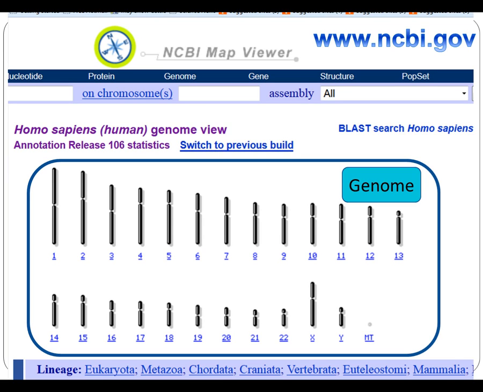In a nucleus, and more specifically of an organism. So you're looking at the entire set of genetic material in a particular organism. The genome is the entire collection of DNA in an organism.